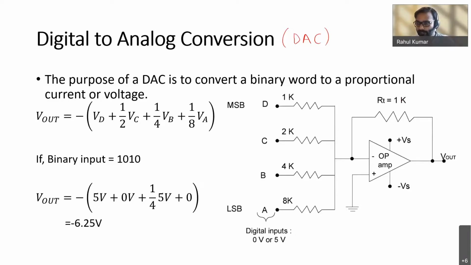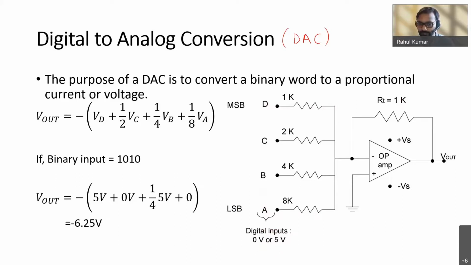So in the figure, in this slide, you could see that you have a 4-bit DAC. Right? So you have A, B, C, D. You have 4 bits. Now, corresponding to the binary input, each of these inputs A, B, C, D can either have 0 volt or 5 volt.